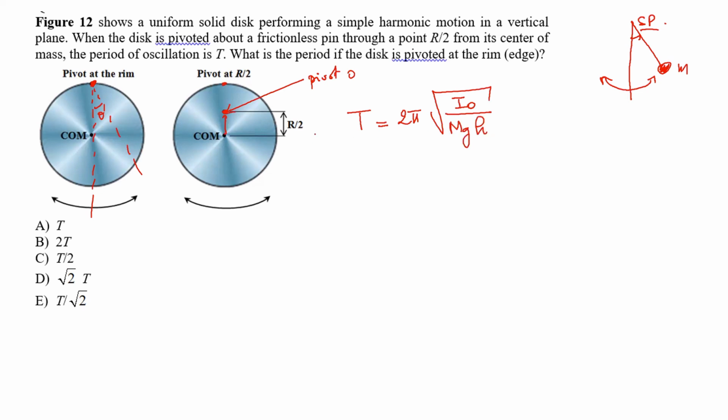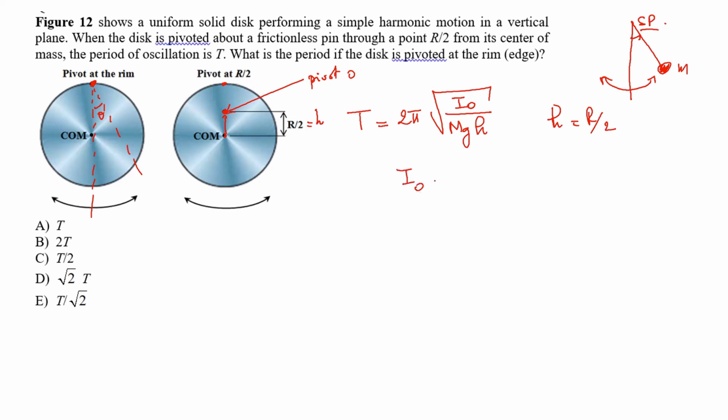And h is the distance between the center of mass and the pivot point. As our brother said, R divided by 2. Good. So h is R divided by 2. It's like in the parallel axis theorem. The distance between the new axis of rotation and the center of mass. Perpendicular distance, of course.